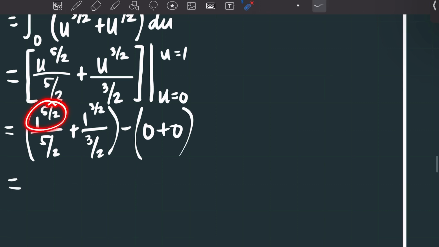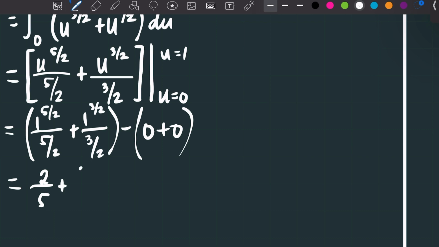This one here, 1 raised to 5 halves, is just 1. This one is also 1. So, 1 over 5 halves, since may fraction ka sa baba, pwede mong kunin yung reciprocal nito. So, we get here 2 over 5. Then, para dun sa isa, that's just 2 over 3.